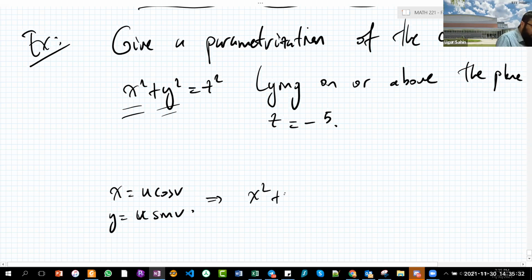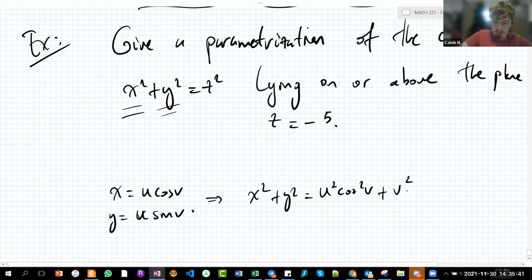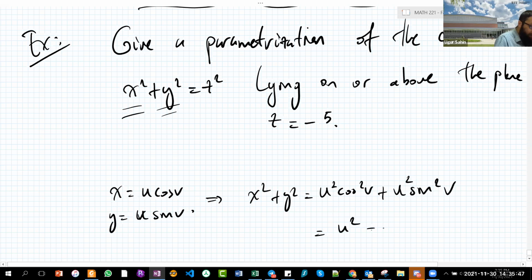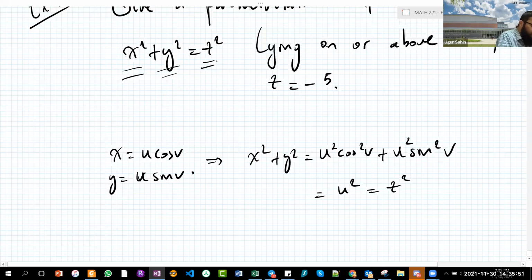And I can relate these using the same geometric formula. And then that's going to be equal to u squared. And from here, I know that this is equal to z squared. So u squared is going to be equal to z squared.